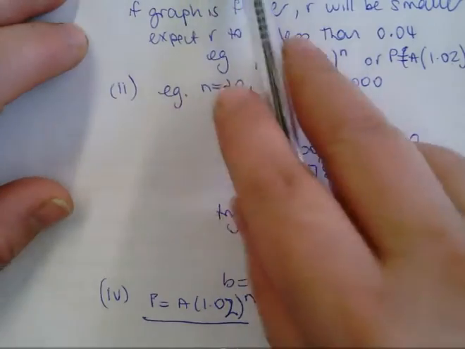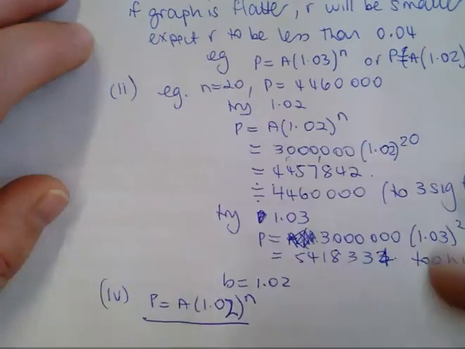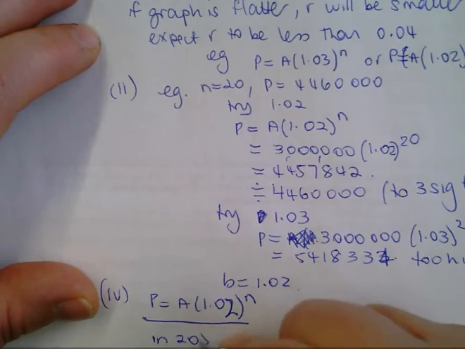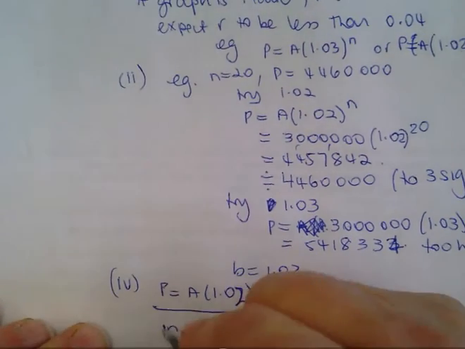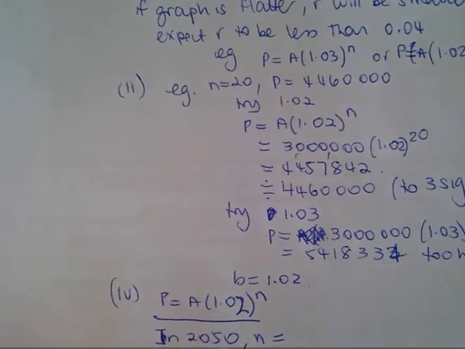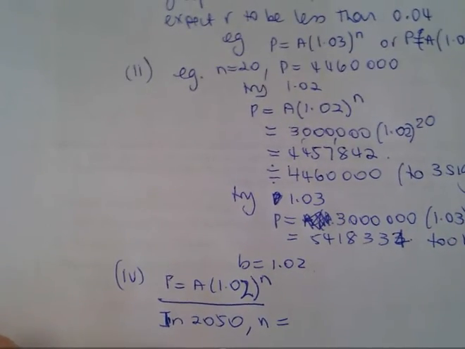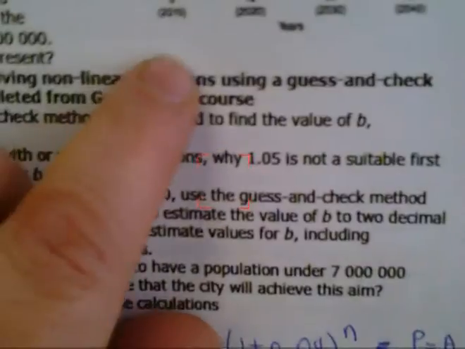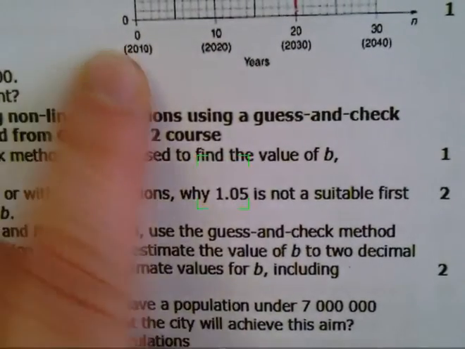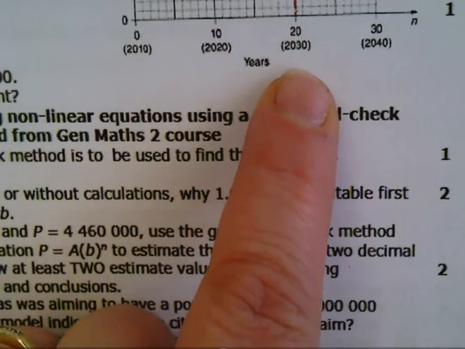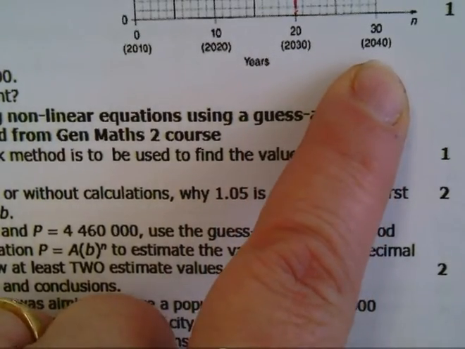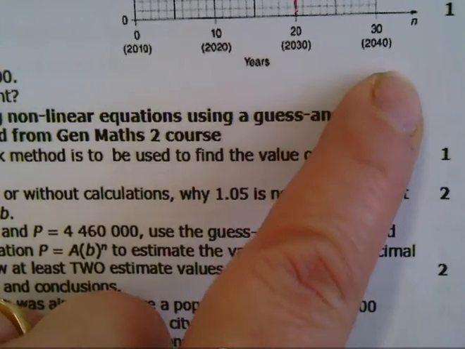And it says that they're aiming to have a population of just under 7 million in 2050. Now, in 2050, I have to see what value of n I substitute. So I need to go up to the graph. If 2010 is year 0, 2020 is year 10, 2030 is 20 years, 2040 is 30 years, what would 2050 be?